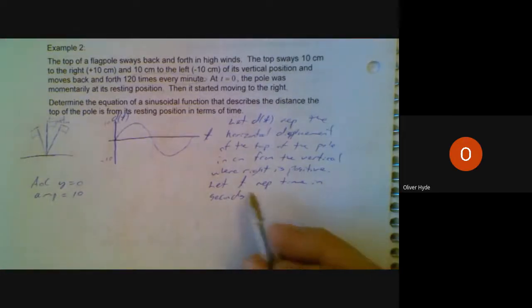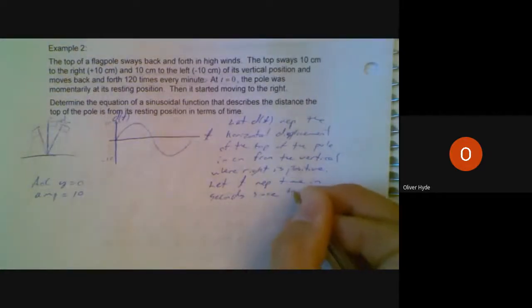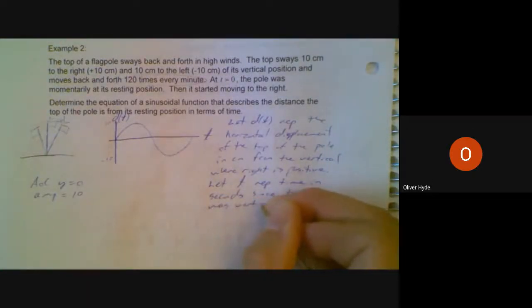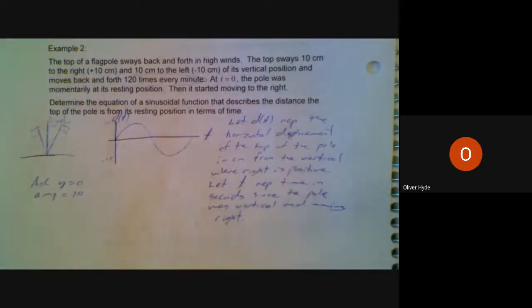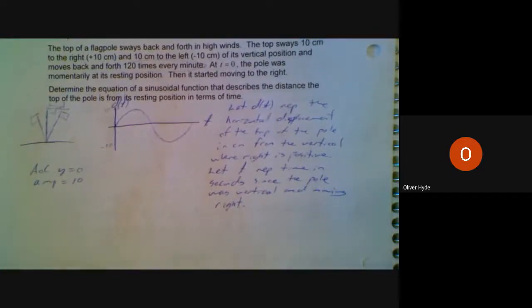We just need to be wordy. Let t represent the time in seconds since the pole was vertical and moving right. Like I said, just be as specific as possible. And sorry about the handwriting. There's stuff in my way here. And my handwriting is also terrible by default.